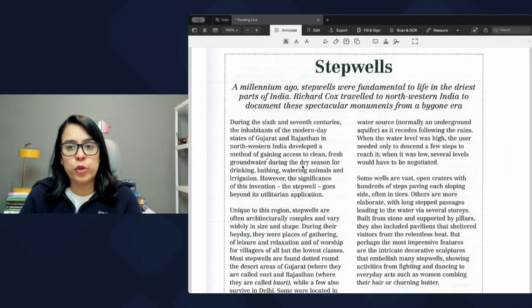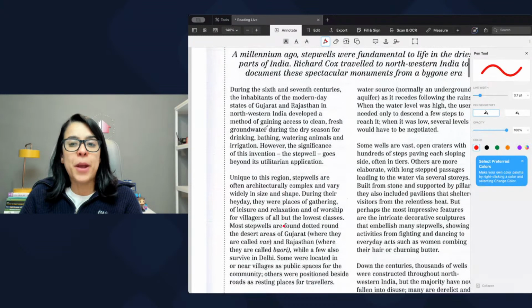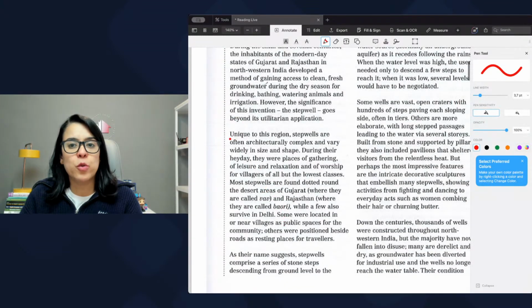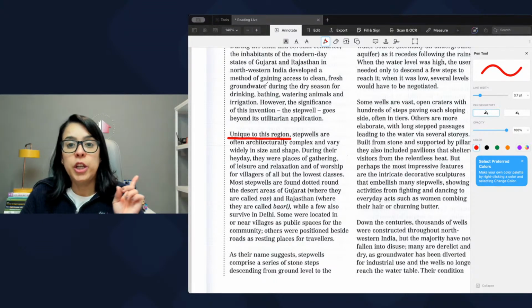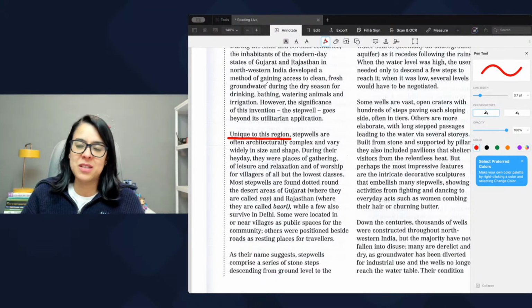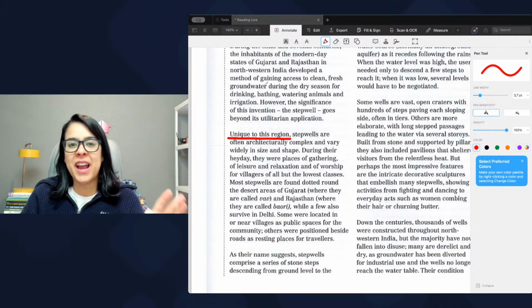So then I'm going to scan here. I couldn't find anything in the first paragraph. But if I pay attention to the second paragraph, right at the beginning, I'm going to find this information here: unique to this region. So let's stop here and read this part in detail.